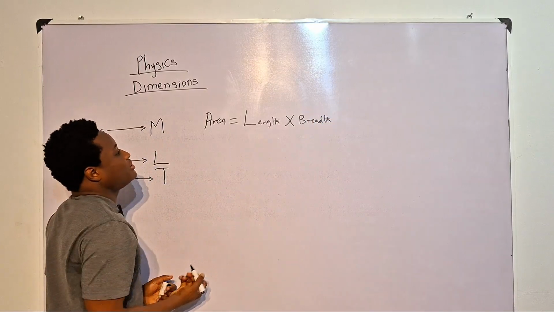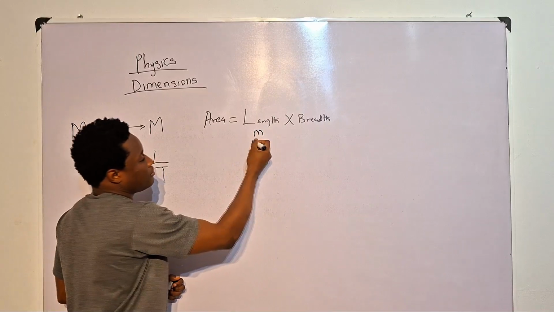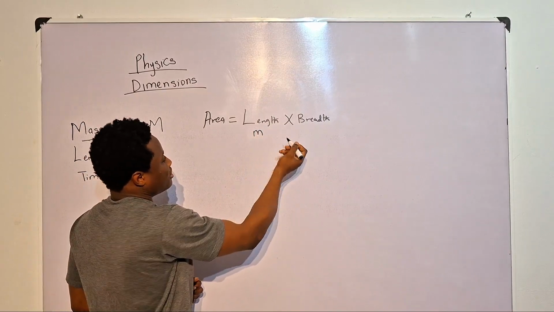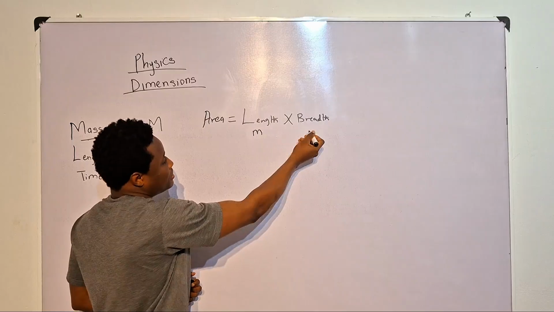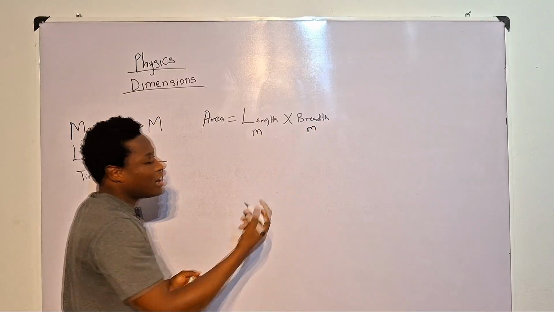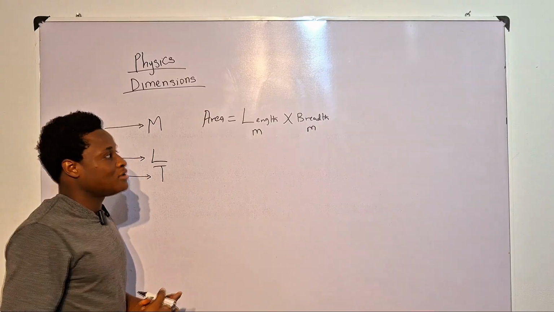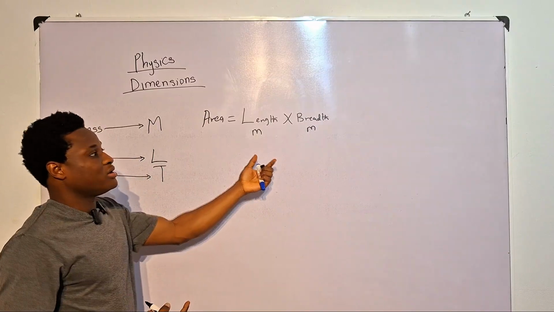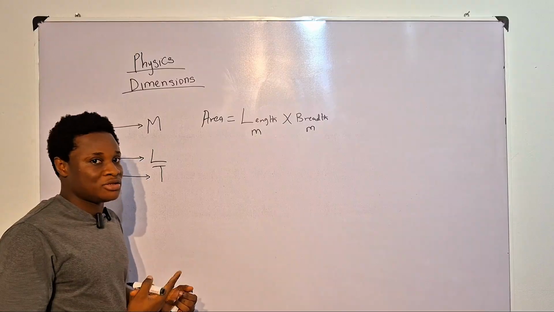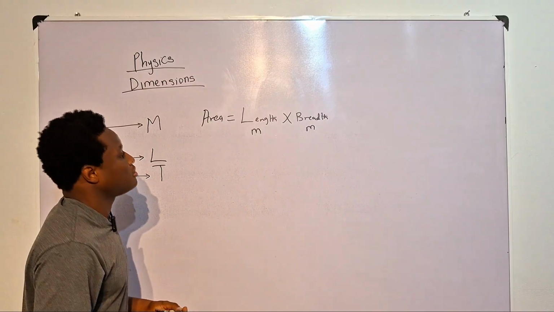And we know that the SI unit for length is meter or m, and the same thing for breadth, because the SI unit for breadth is meter as well. Height, breadth, length, width, depth, all of them are measured in meter. Distance, displacement, all of them, their SI unit is meter.